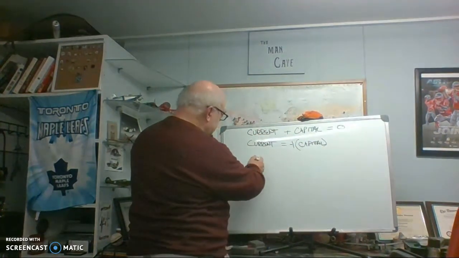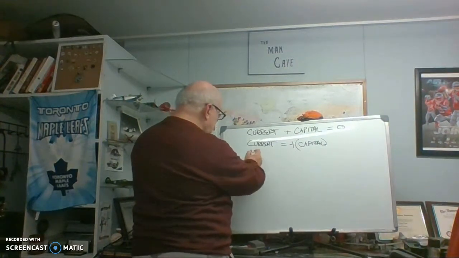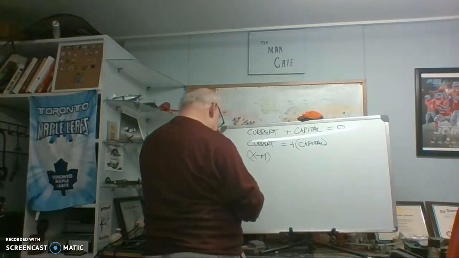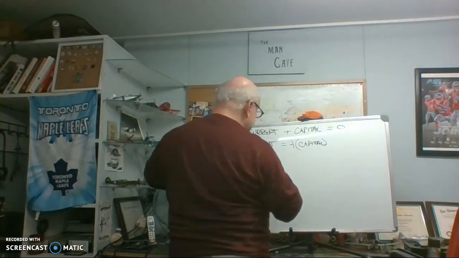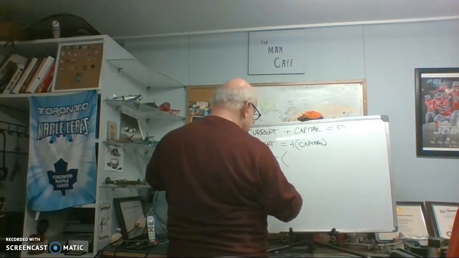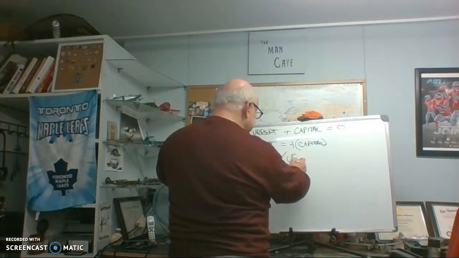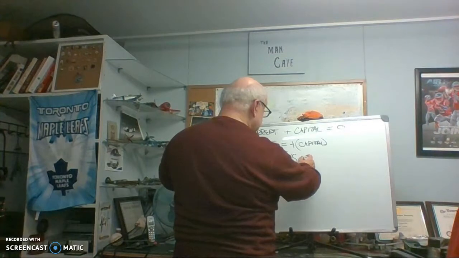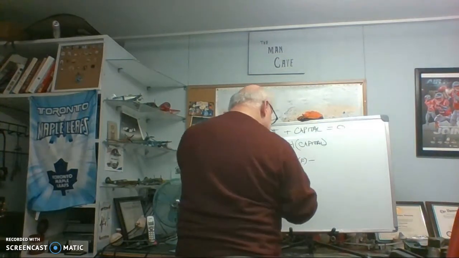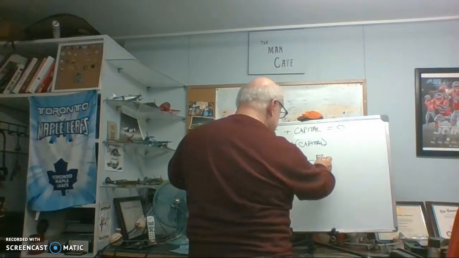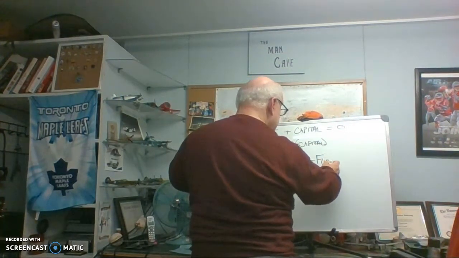So the current account is basically net exports, exports minus imports, and the capital account is U.S. assets bought by foreign buyers, minus foreign assets bought by U.S. buyers.